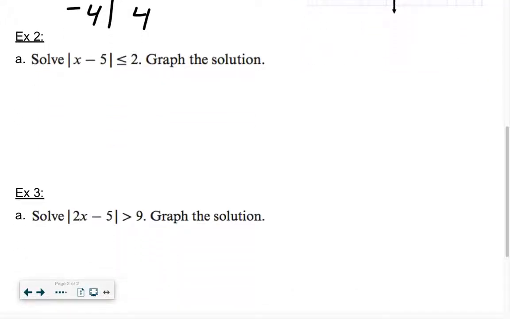Okay, last couple. Solve the absolute value of x minus 5 is less than or equal to 2. Go ahead on your own. The absolute value is by itself, so you can go ahead and do your 2 arrows right away.